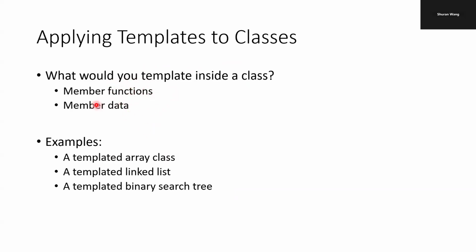For example, you can template the type of data stored in the class, or you can template the functions, which type of data the functions operate on. So for example, you can have a templated array class that stores arrays containing templated types. Same thing for linked list and binary search tree.